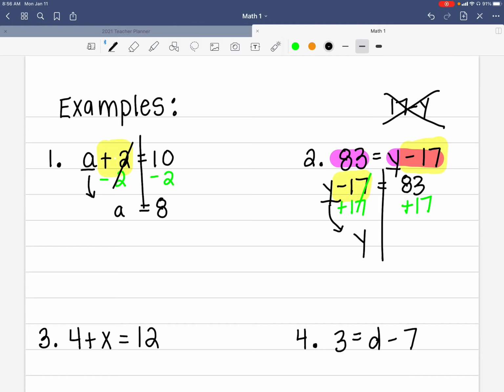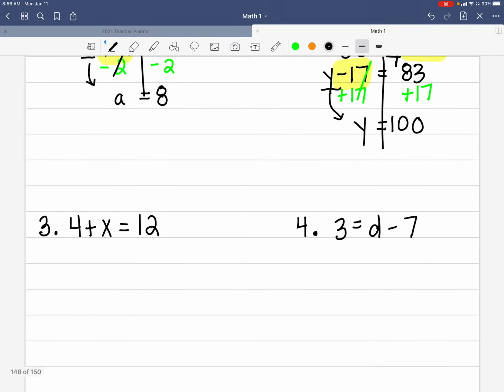We have 7 plus 3, that's going to give me 10. Carry my 1. 8 plus 1 is going to give me 10. So y equals 100. I should also agree that if I plug 100 back in here, 100 minus 17 does equal 83.